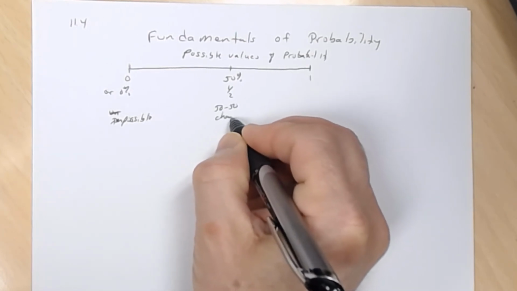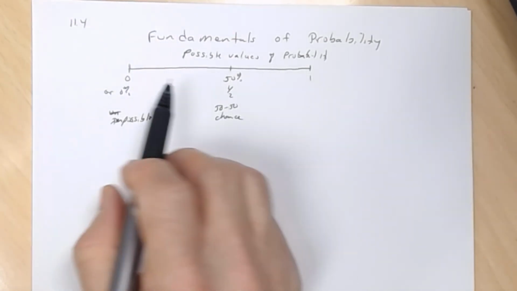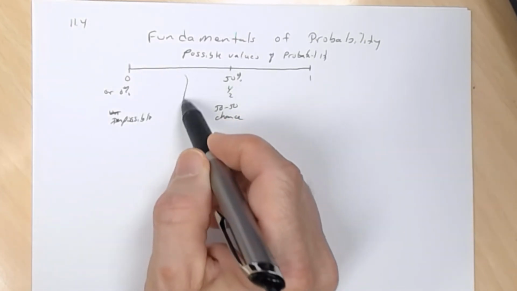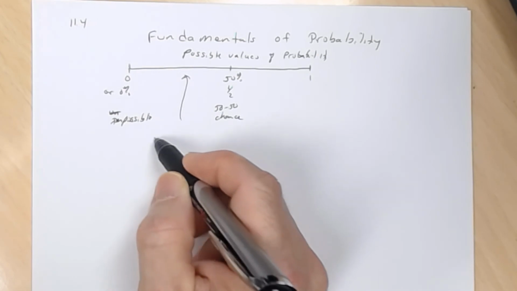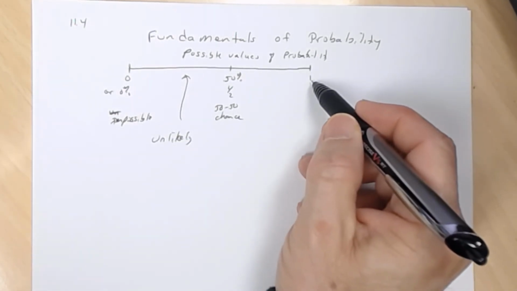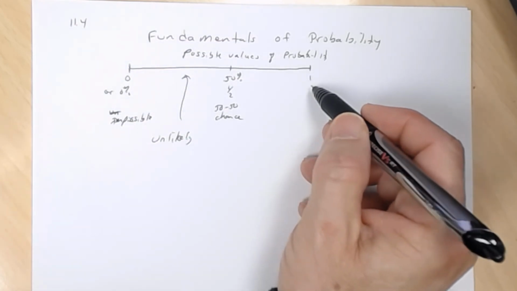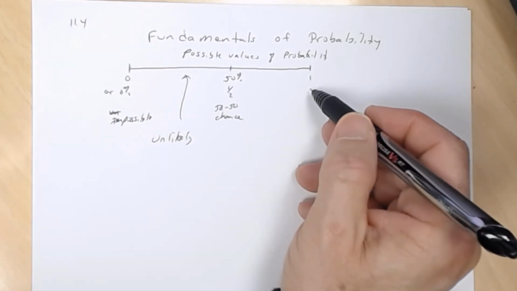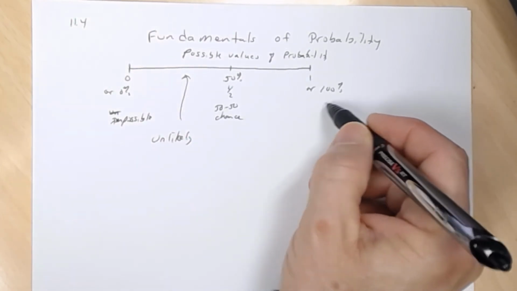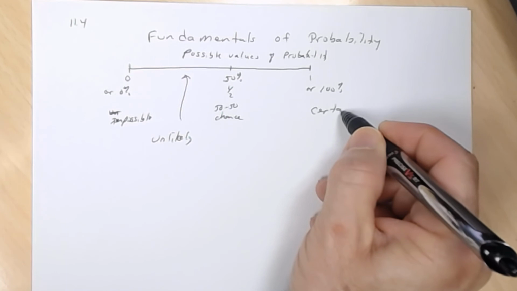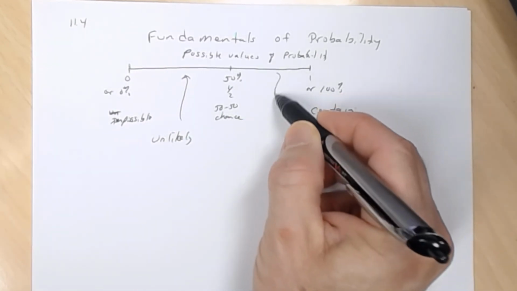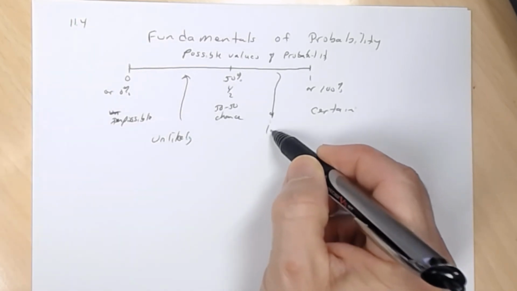If it's somewhere between 0 and 50%, then we say that it is unlikely. And if it's at 1, a probability of 100%, then we say it is certain to occur. And anywhere between 50% and 1, we say it is likely.